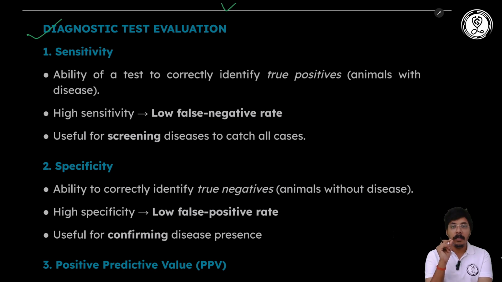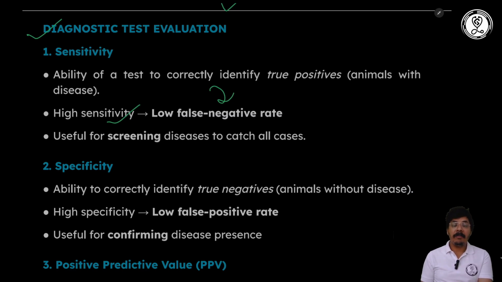Whenever we are talking about the sensitivity of a diagnostic test, basically it is the ability of a test to correctly identify the true positives, animals with the disease. When the diagnostic test is highly sensitive, it gives you a low false negative rate. It is used for screening diseases to catch all the cases.